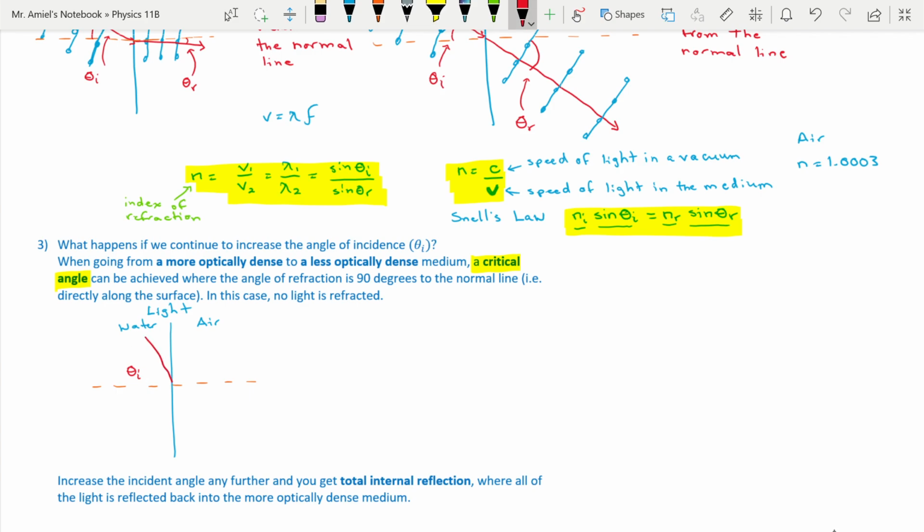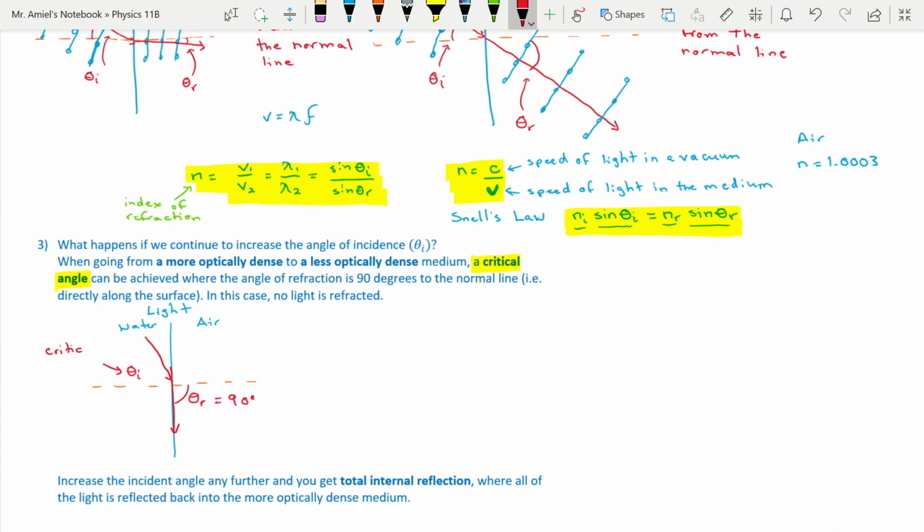We'll have an angle, though, where we're coming from a more dense medium, we hit our interface, and our angle of refraction is going to be 90 degrees. This is the critical angle. So this angle of incidence is the angle that we have to hit to have our angle of refraction be 90 degrees to the normal. So that would make this the critical angle.